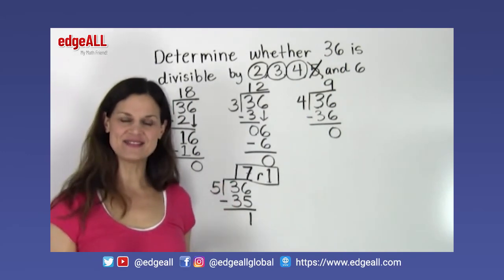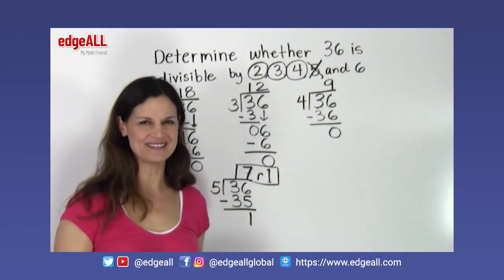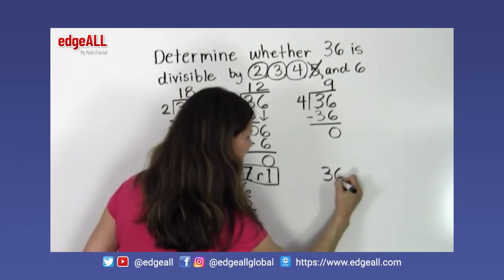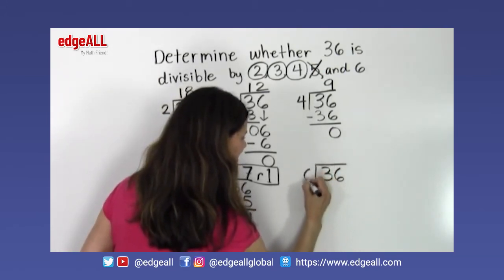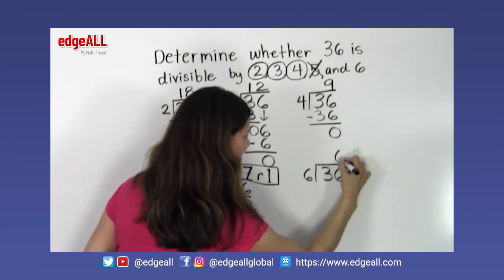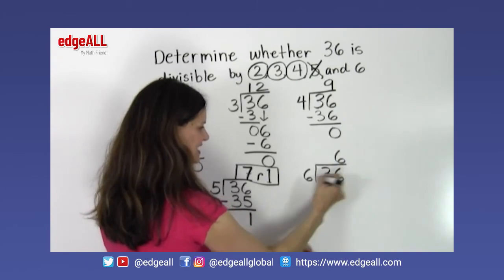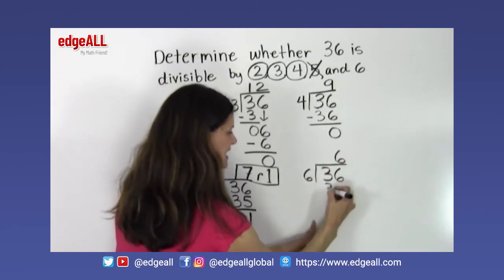Our last division problem is a really simple one. We should have this one memorized as well. And that is 36 divided by 6. We know that 6 times 6 equals 36. So 36 divided by 6 equals 6.